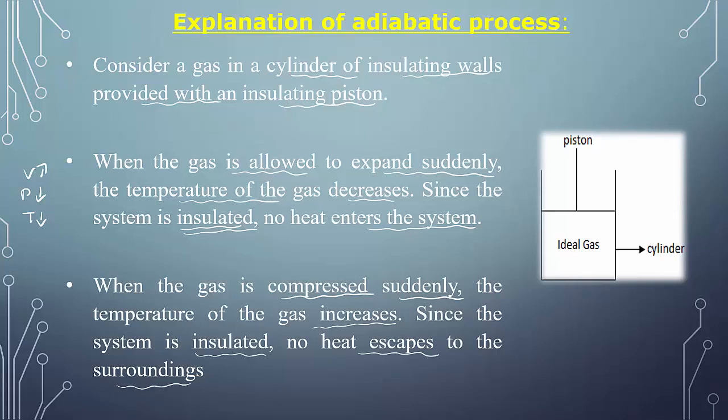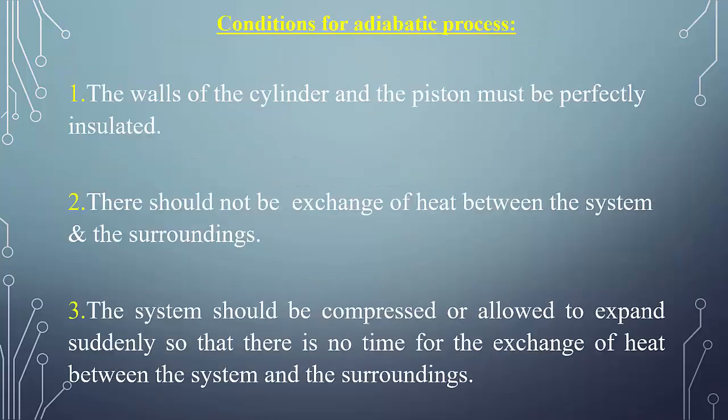So here the amount of heat energy increased, temperature increases, but there is no place for the liberation of heat energy from system to surrounding, because wall as well as piston is made of non-conducting material. So this is adiabatic process.